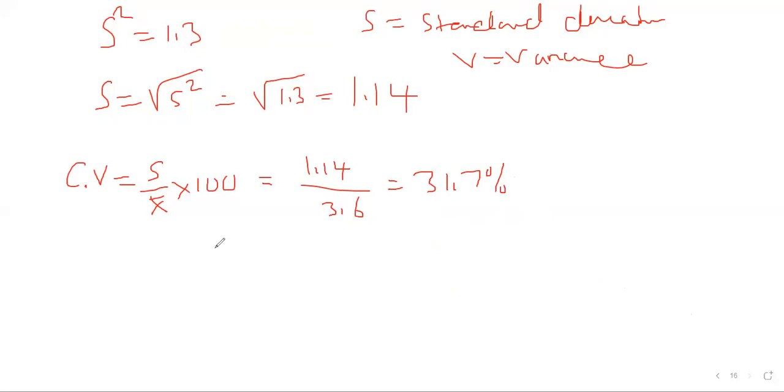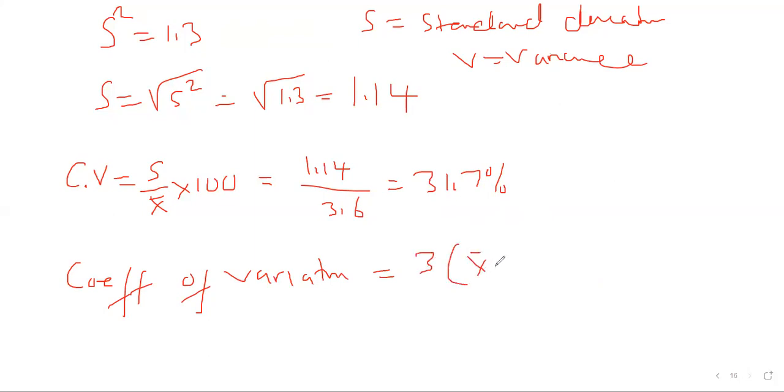And finally, we have what we call the coefficient of skewness. It is simply 3 times the mean minus the median, over the standard deviation. The 3 is part of the formula.